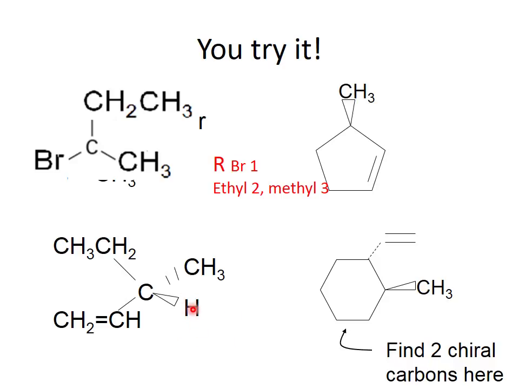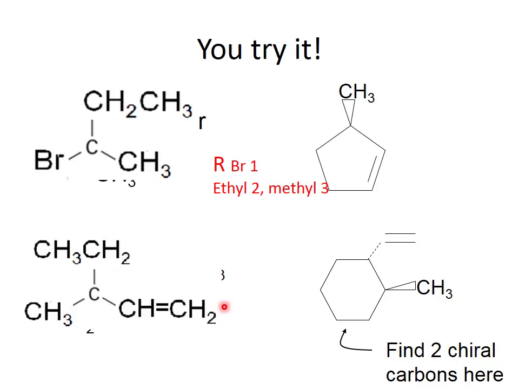Okay, if we look at this molecule, the lowest priority group is the hydrogen, so it's going to be put to the back. Then we have ethyl, methyl, and this is called an ethylenyl group. When we rotate the hydrogen to the back, the methyl is going to come around to this side, and this double bond group is going to move over here to the right.